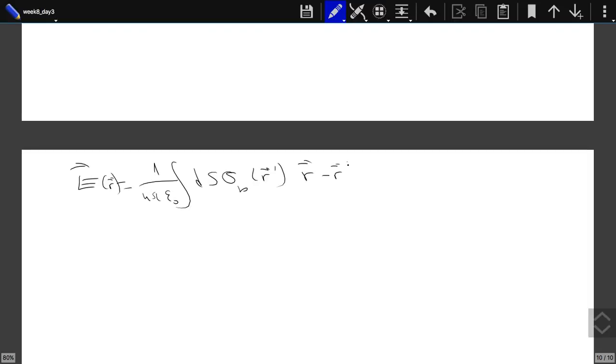R minus r prime divided by r minus r prime cubed plus 1 over 4 pi epsilon 0 q, r minus r1 divided by r minus r1 cubed.